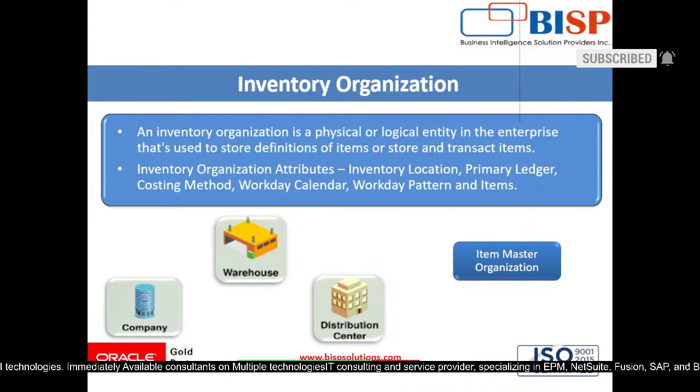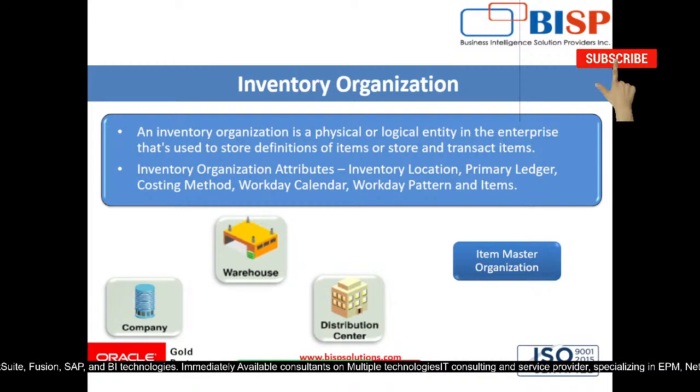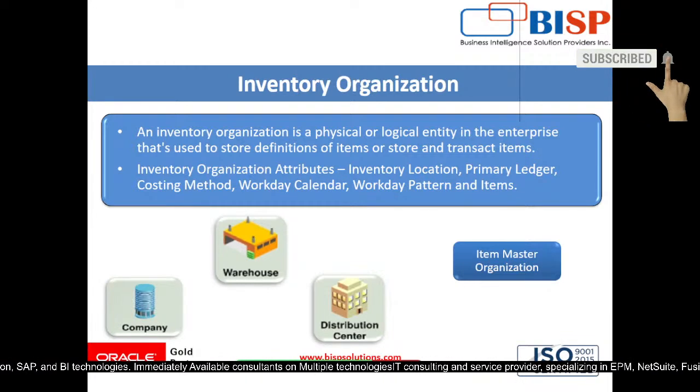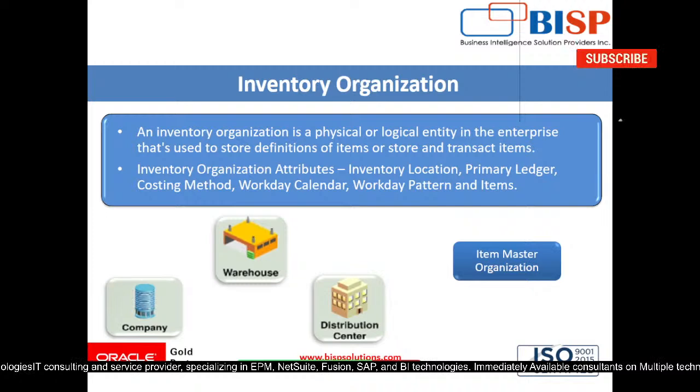So the definition of inventory may vary depending upon the industry type. In the case of a manufacturing business, inventory is in the form of raw material used in production, and also inventories in the form of semi-finished goods.